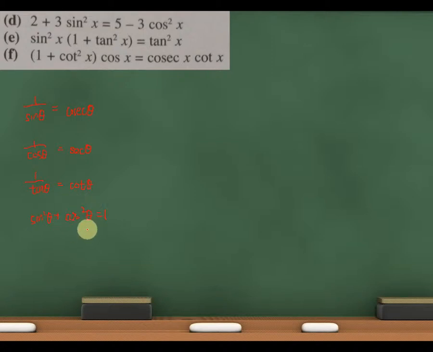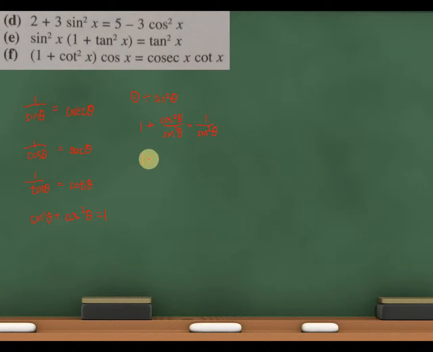This is derived from Pythagoras theorem. If you need the proof, you can read up on your text. The next two equations you can derive. How to derive? The first one is dividing sine square theta throughout the equation. So I will end up with 1 plus cosine square theta divided by sine square theta equals 1 over sine square theta.